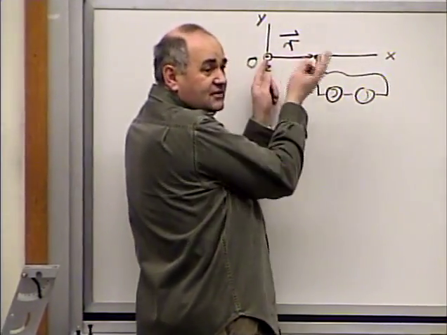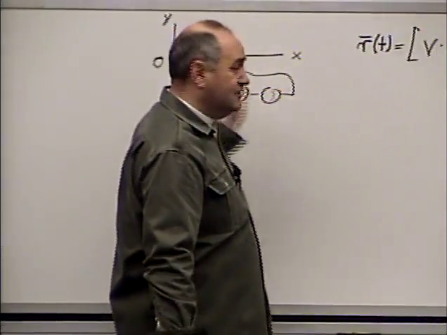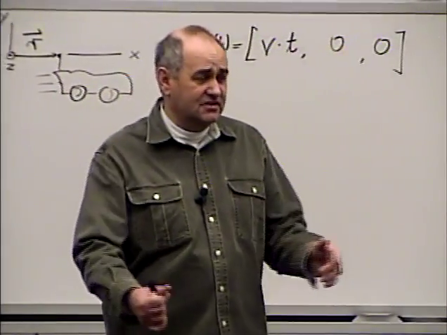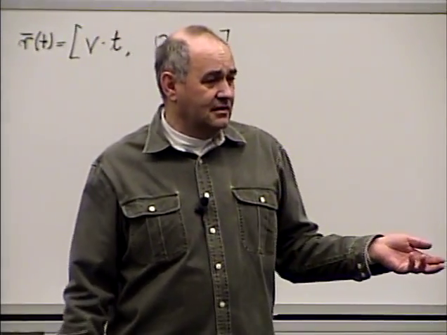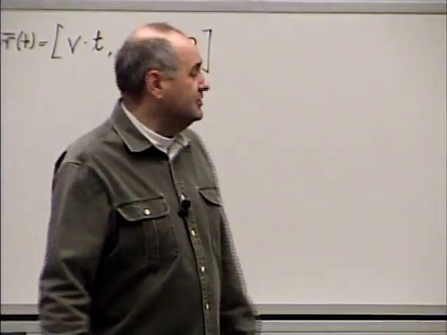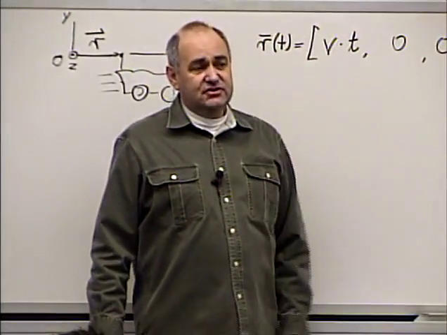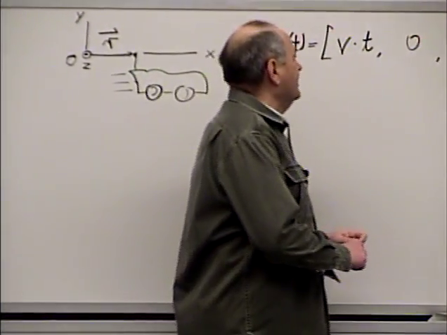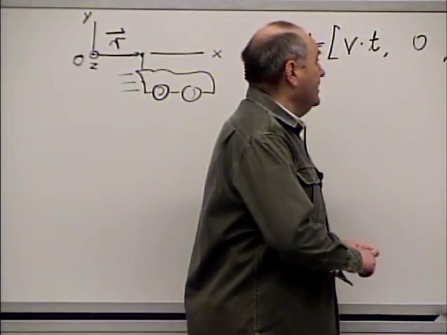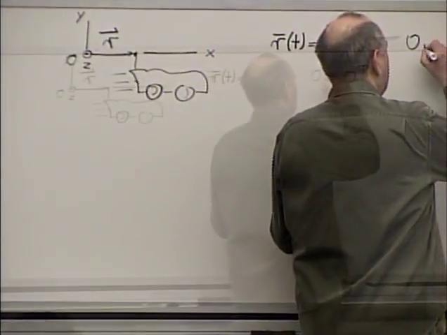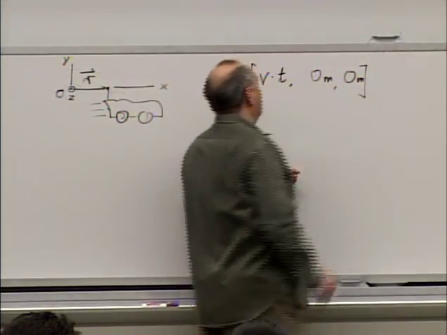If it is to the left, it is opposite to the distance. So the unit of position is the same as the unit of distance, which means that it has to be in meters. In SI units, all scalar components are measured in meters. I could put meters over here.